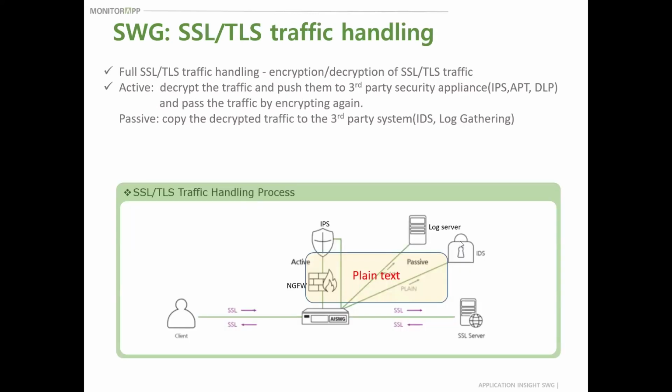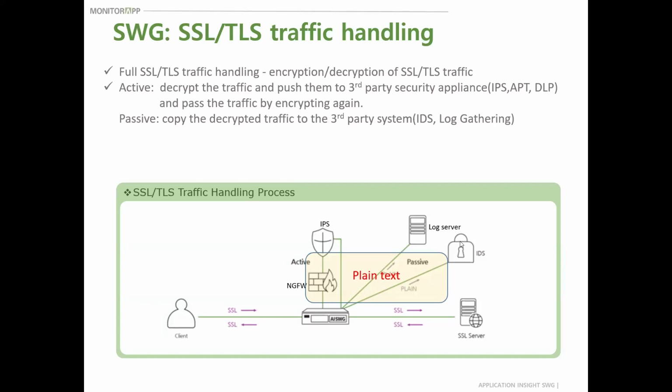And one of the interesting functions of SWG is SSL/TLS encrypted traffic handling. From the SWG perspective, its basic function is to decrypt the encrypted traffic and inspect it for any malicious content.